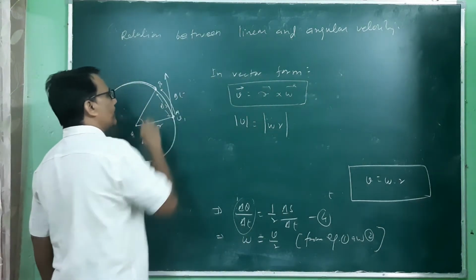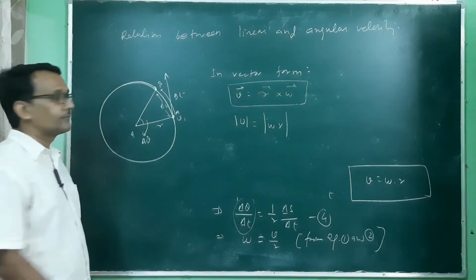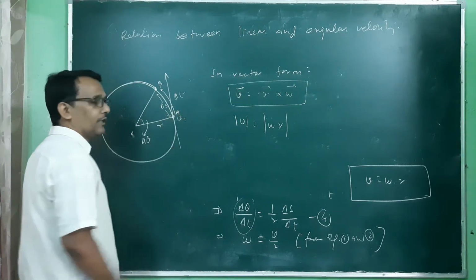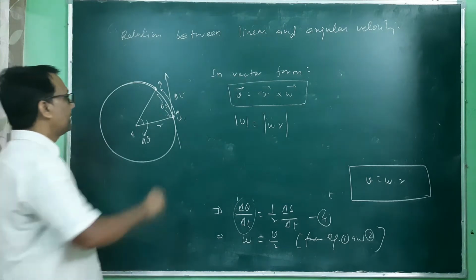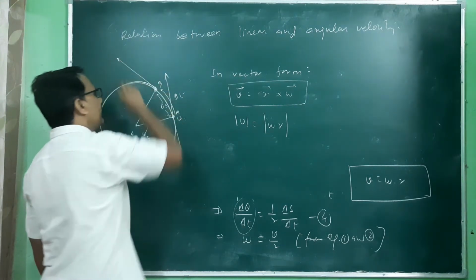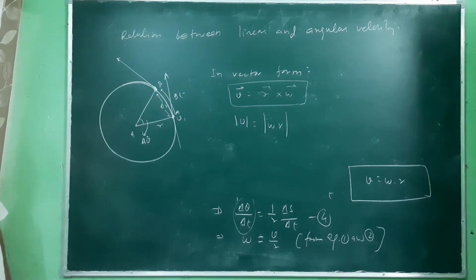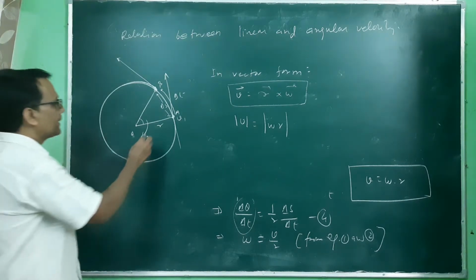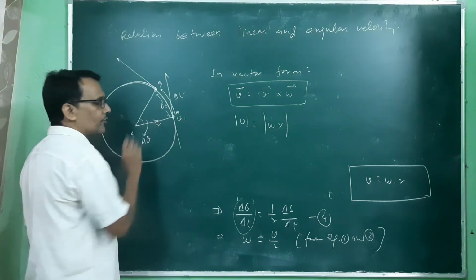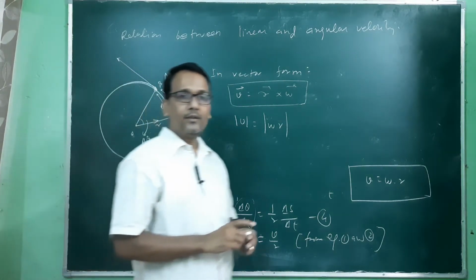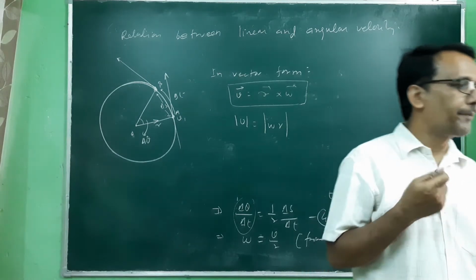But the direction of v is everywhere, here and here. This is the direction of v. It is always tangent to that circular path, always tangential to that circular path, and this is the direction of r. So we have to use that right hand screw rule in vector multiplication.